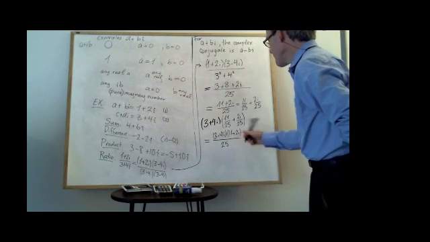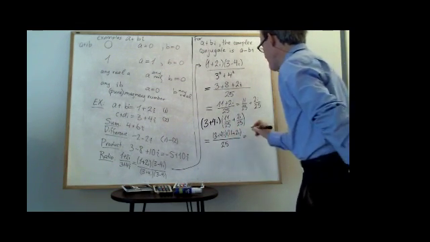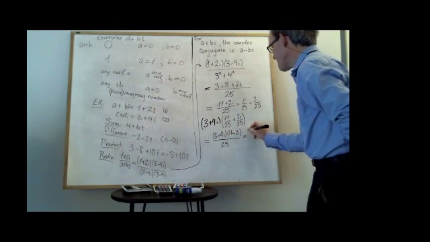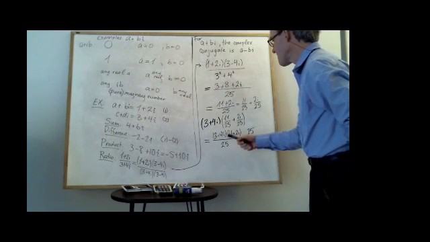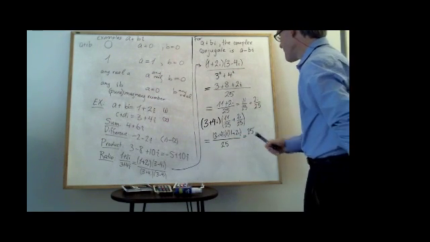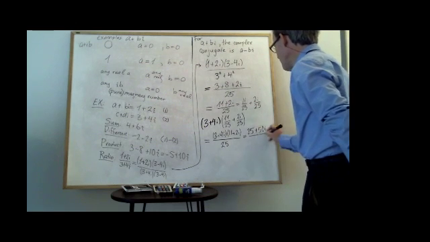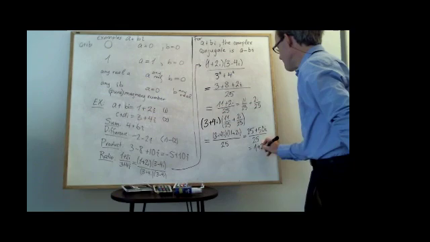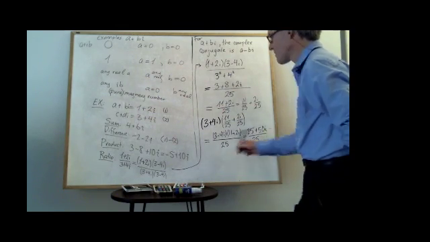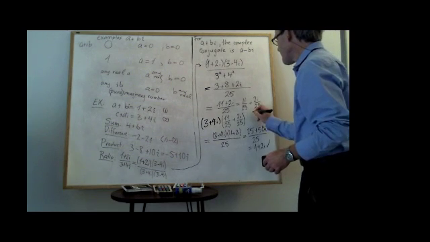What I get is 3 times 11 is 33, minus 8 is 25, and then 3 times 2 is 6, plus 4 times 11 is 44, 6 plus 44 is 50i. And if I divide by 25, I get 1 plus 2i, which is correct. Okay, so that's our check.